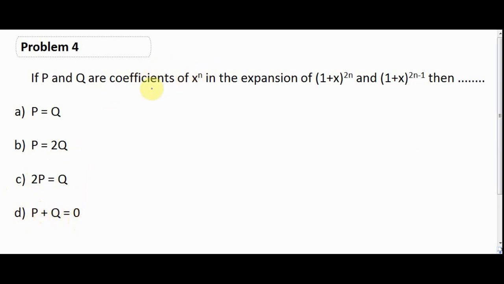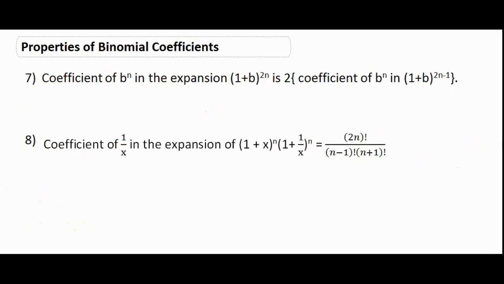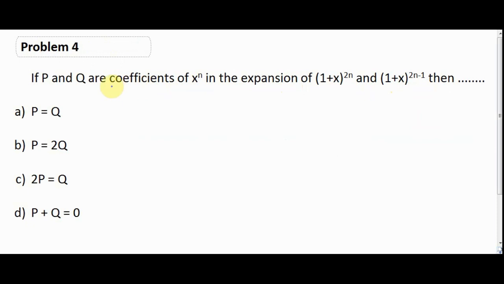Okay, so this question is based on property number 7 of binomial coefficients. Property number 7 says the coefficient of b raised to n in the expansion (1 plus b) whole raised to 2n is 2 into the coefficient of b raised to n in the expansion (1 plus b) whole raised to 2n minus 1. Here we are asked to calculate coefficients of x raised to n in the expansion of (1 plus x) whole raised to 2n and (1 plus x) whole raised to 2n minus 1, and to find the right relation between those two coefficients.